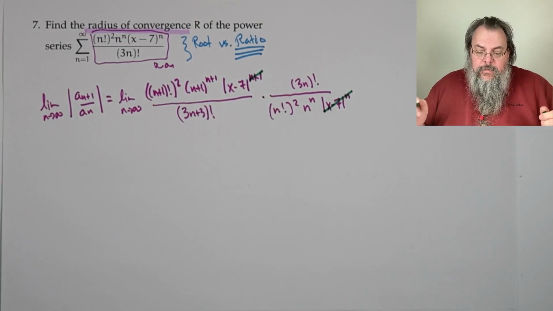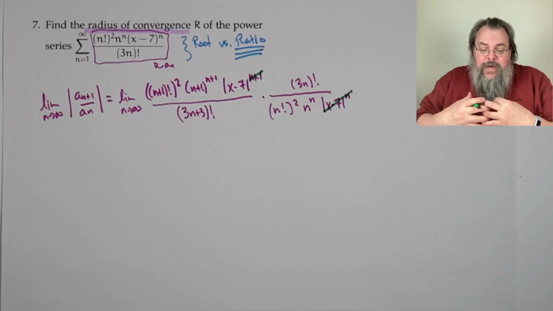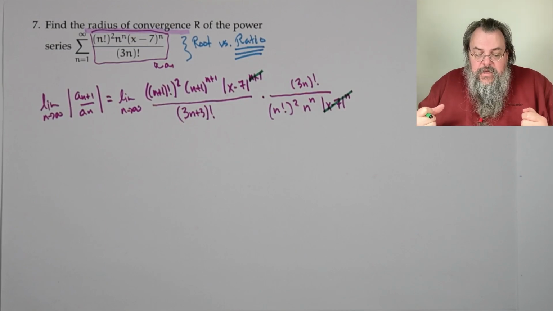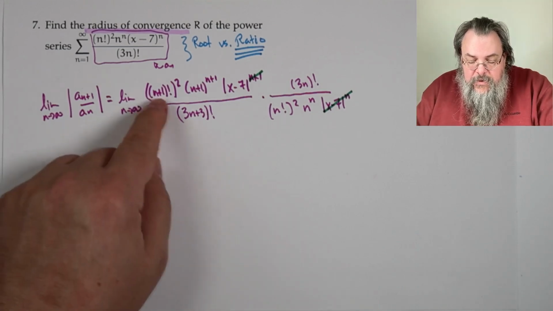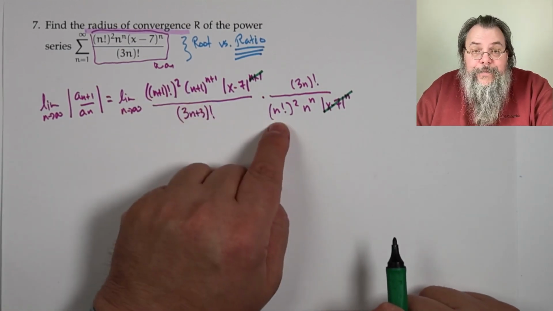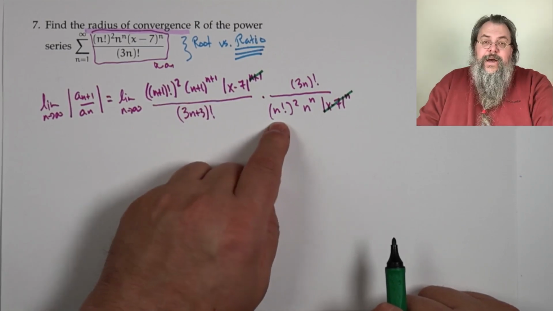Now, what do we want? Well, we want to cancel the factorials, and this is where we take advantage of what we have going on. Namely, that we have a lot of terms with factorials, and we can make an n plus 1 factorial look a lot like an n factorial. So how do you do that?